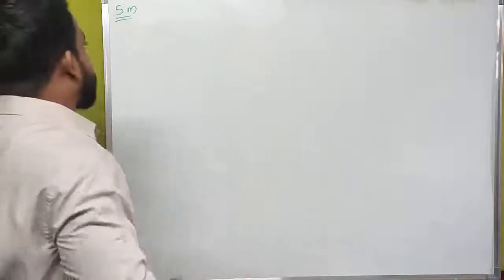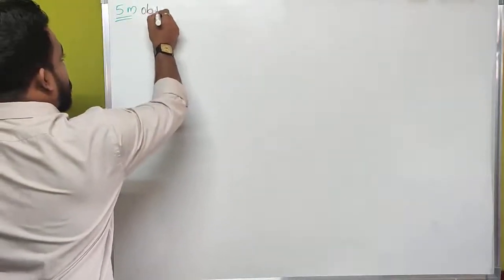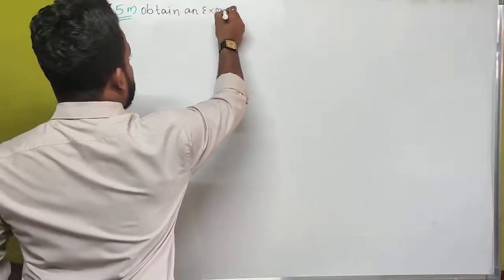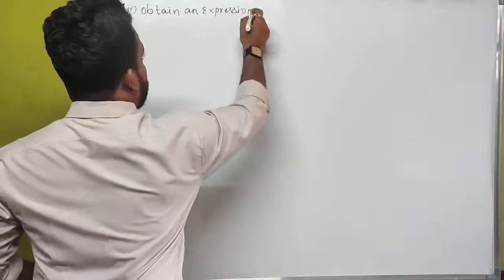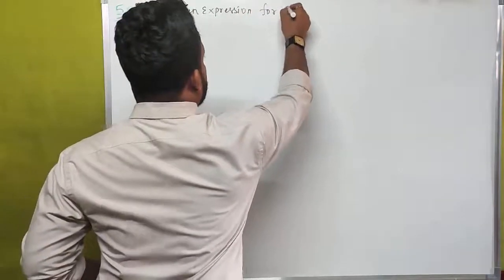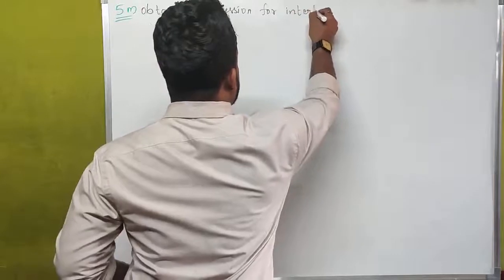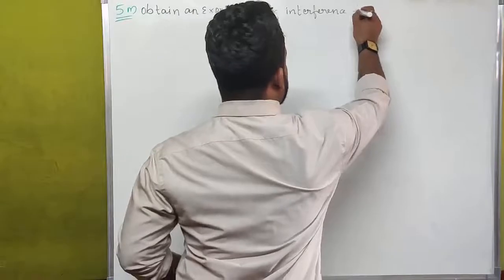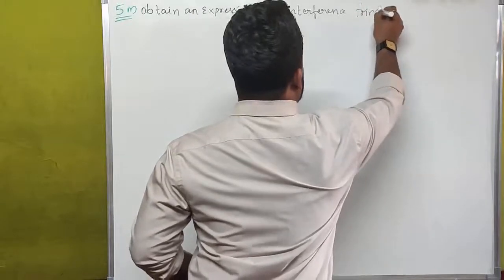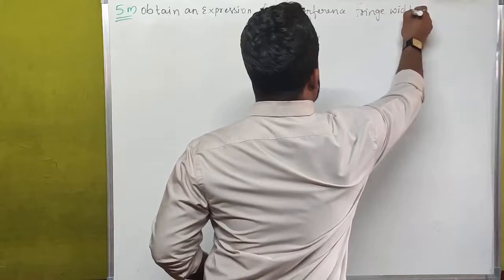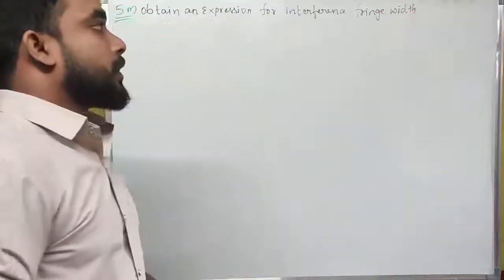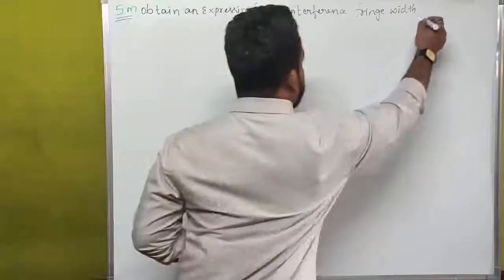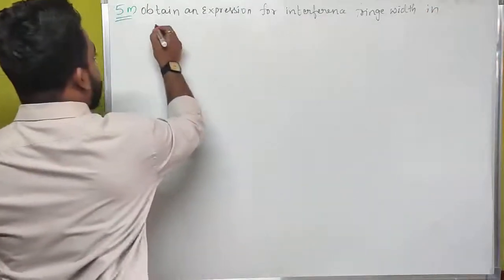What is the title of this derivation? Obtain an expression for interference fringe width in Young's double slit experiment.